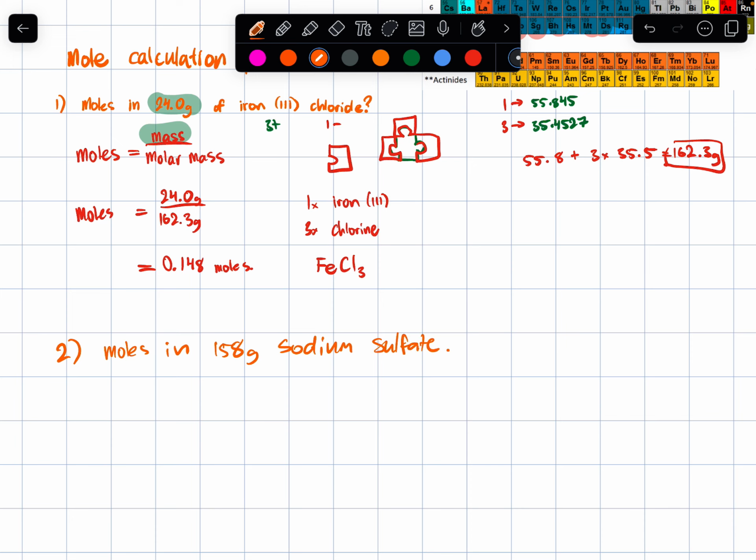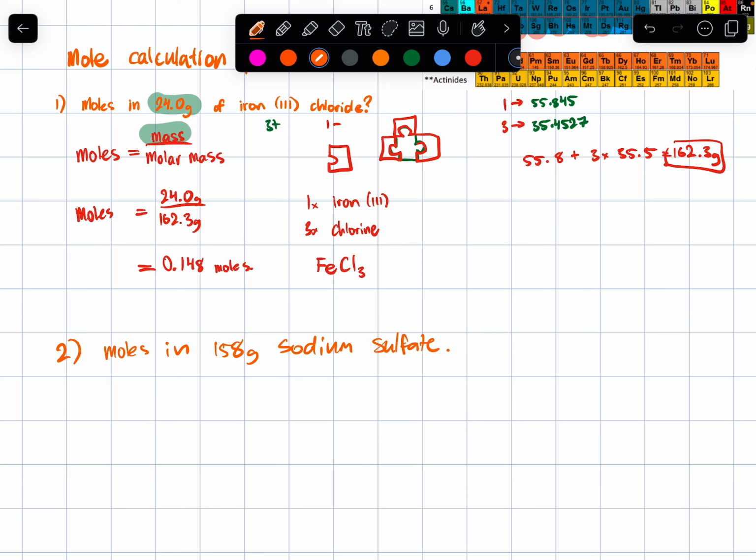Now again, the only difficult part here is figuring out what sodium sulfate is. You saw once we actually knew what the compound was, then looking for the letters and the numbers and everything is really easy.